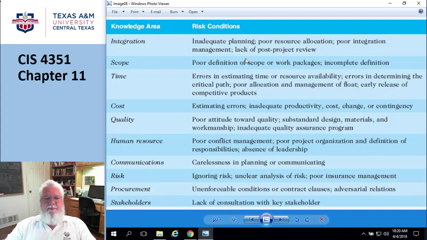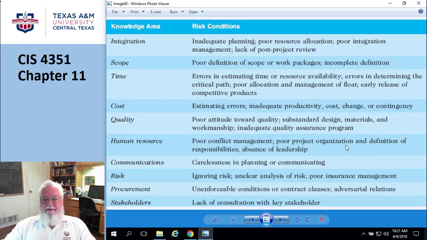Scope: if I have poor scope management, or I haven't identified the scope, my work packages don't have good definitions, I'm going to have trouble. Time: errors in estimating, reduced availability, I don't have the people, or weather delays. Cost: estimate errors, not the right productivity, quality, my workmanship is down.